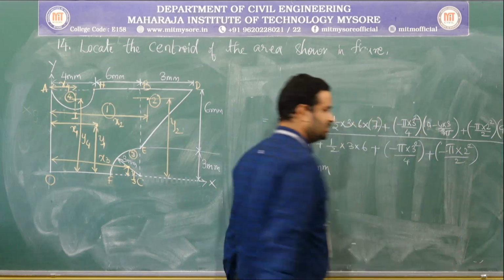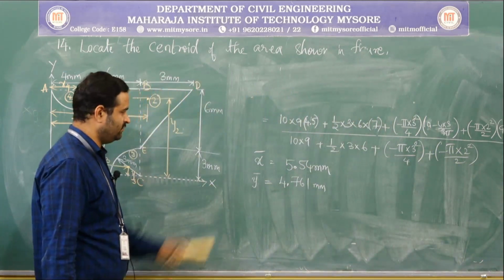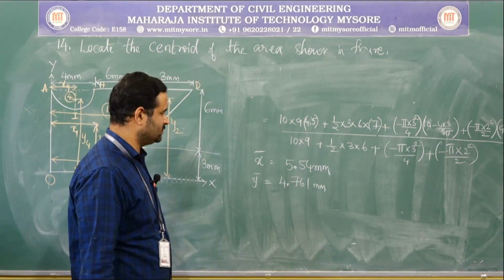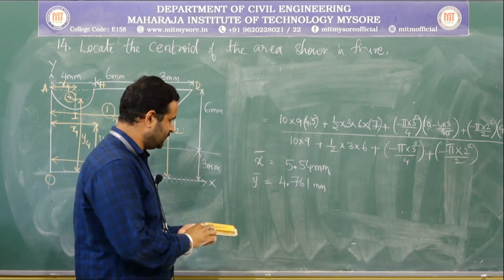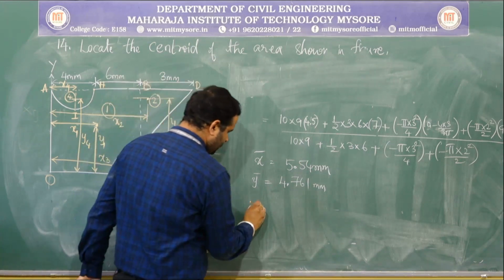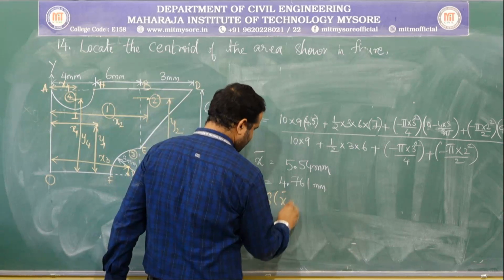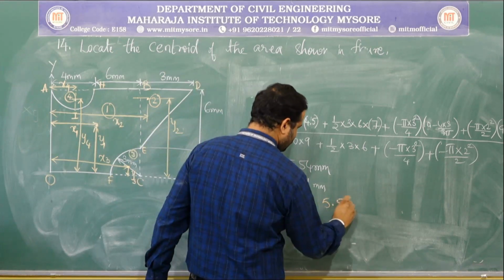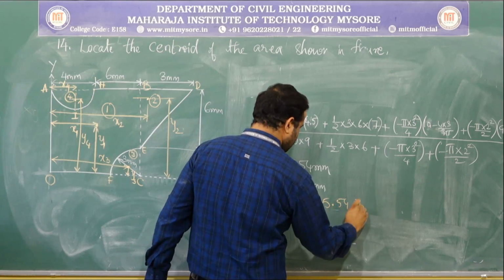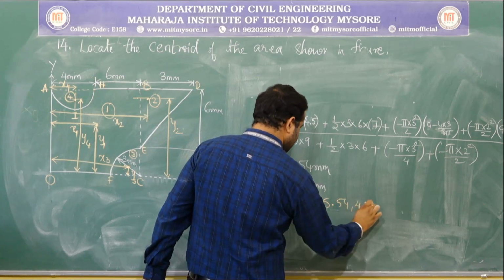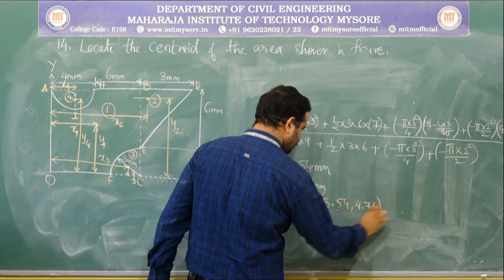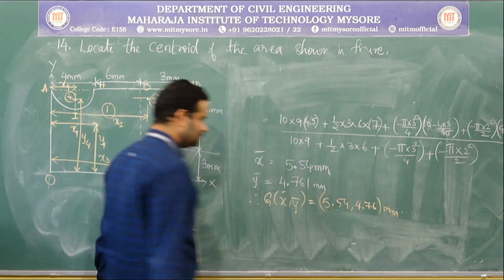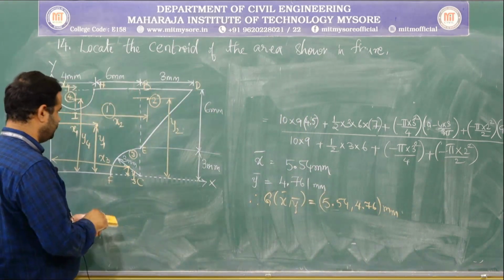If you substitute the values of y1, y2, y3, y4, then you will get y bar equal to 4.761. Therefore, at last G of x bar comma y bar is equal to 5.54 comma 4.76 mm. Now, locate it in this figure.